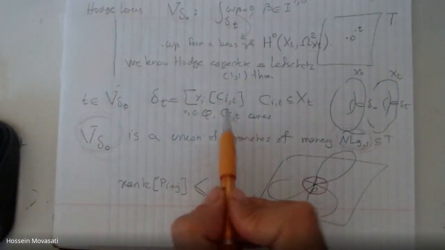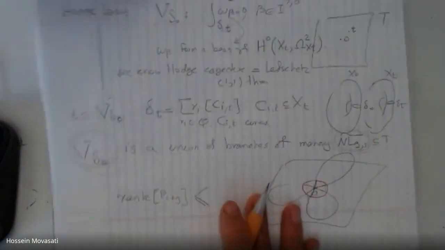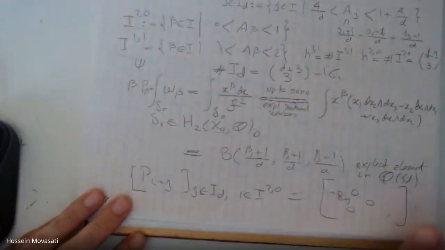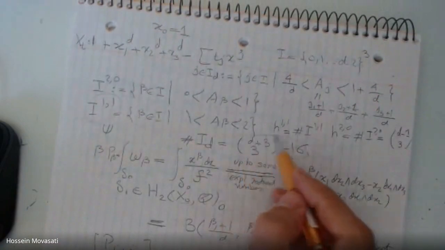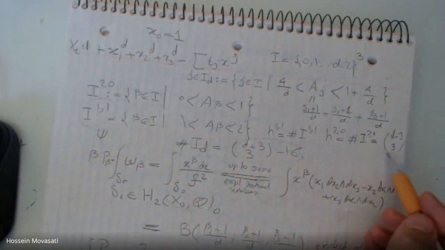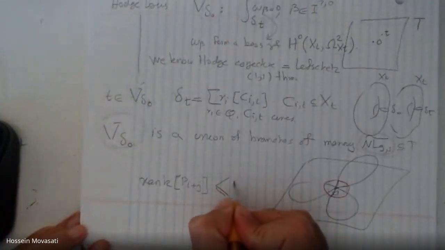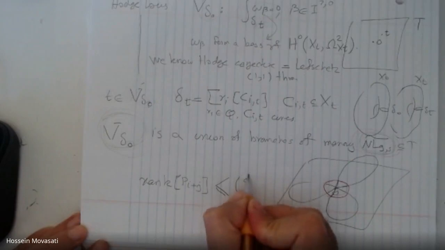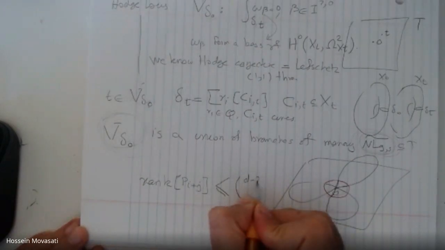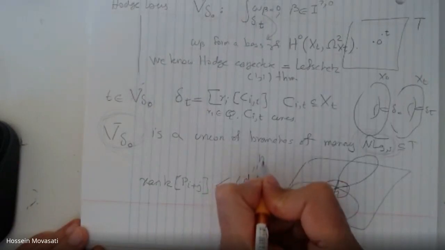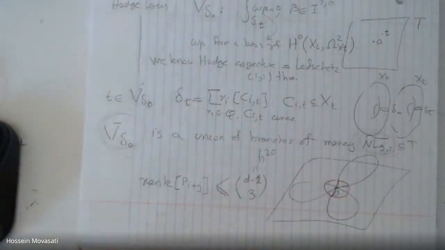This matrix that you see here has dimensions this one and this one, and this is much bigger than this number. So the rank of this matrix must be trivially less than d minus 1, 3, which was the Hodge number H20.